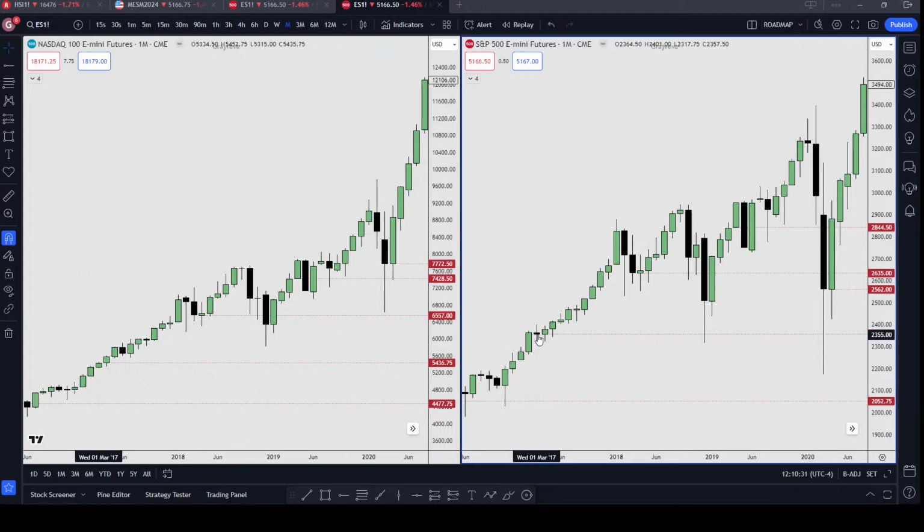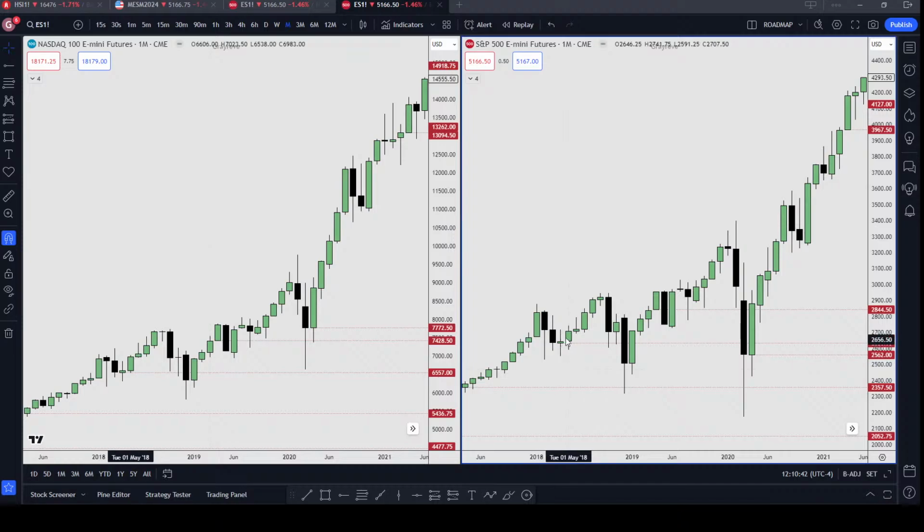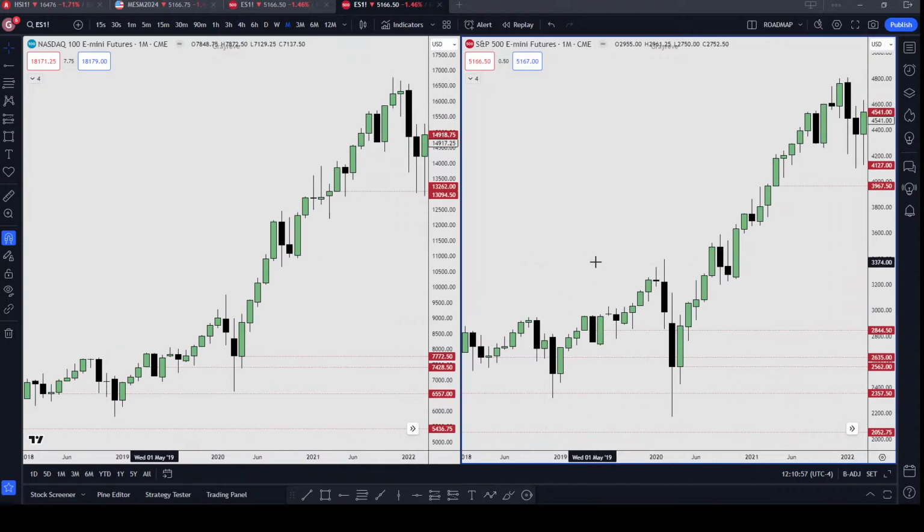Right here as well, 1, 2, rally. For Nasdaq it's just 1 month and then rally. Right here as well, 1, 2 and rally, but obviously eventually we came back down because we took out all-time highs. And then right here, 1, 2, 3, 4, right?